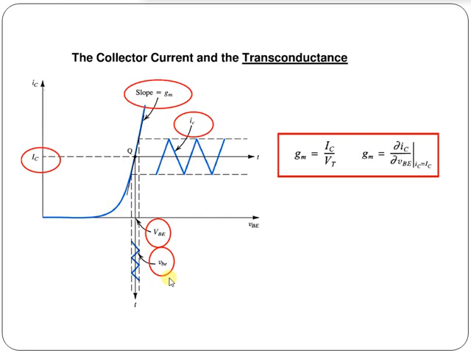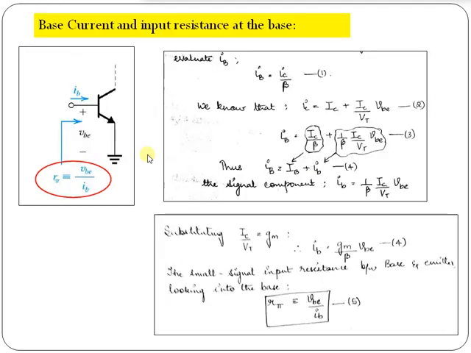GM, that is the transconductance, will be the controlled source, whereas R0 will be considered to be infinite.